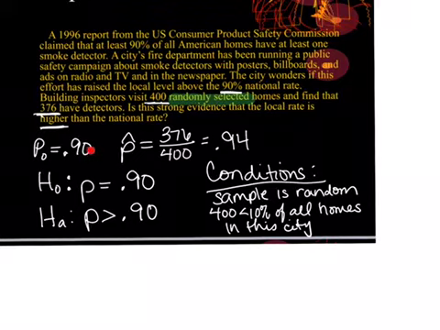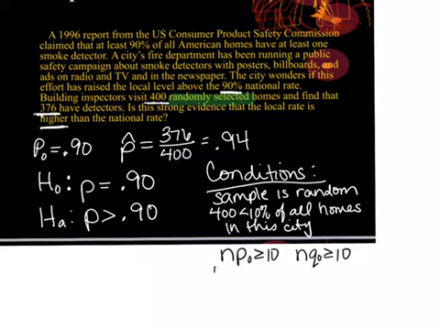So when we check our np and nq for a hypothesis test, we have to use our p naught, not our p hat, which is different from the confidence interval. Okay?